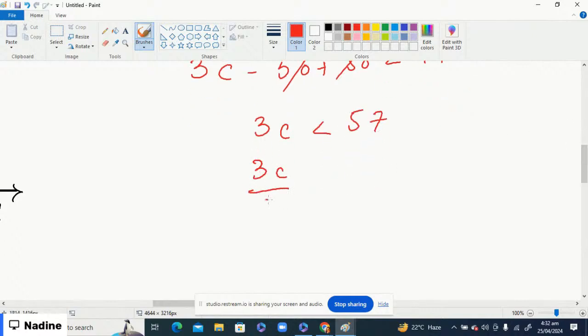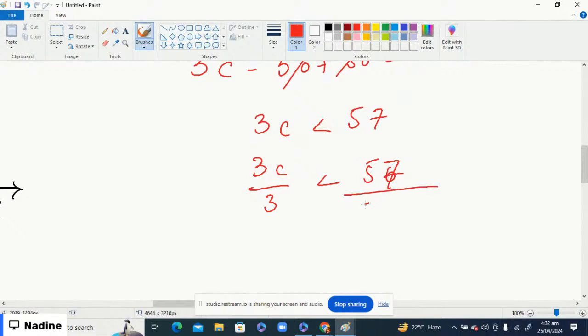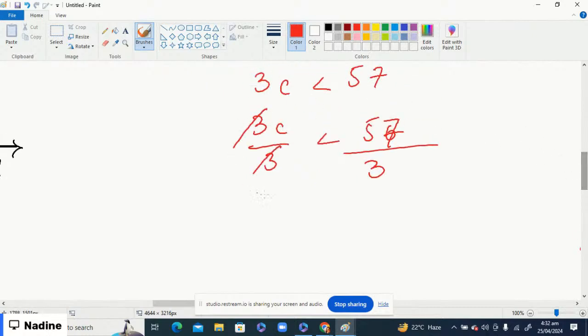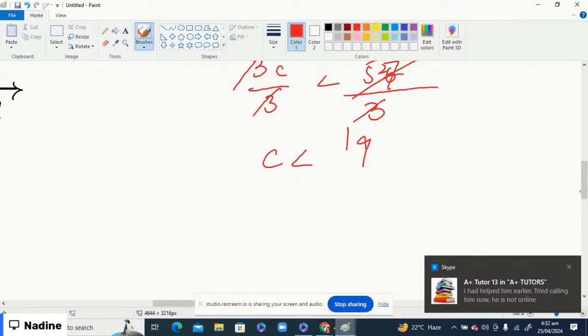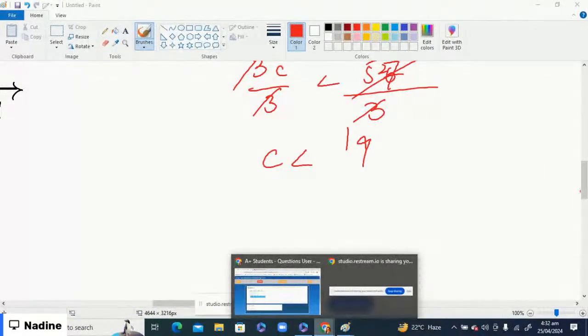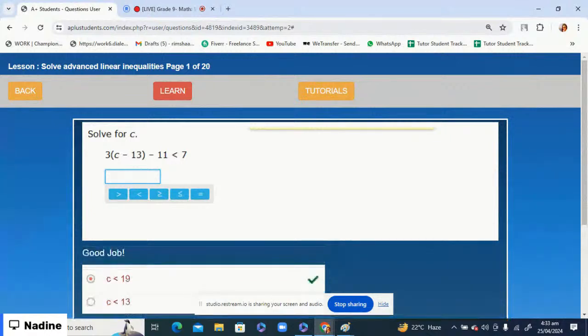Dividing both sides by 3. So this should be cancelled, and this is 19. Let's check, is there any answer for 19? Okay, let's check it out. Yes, it's here. Yeah, this is the right answer.